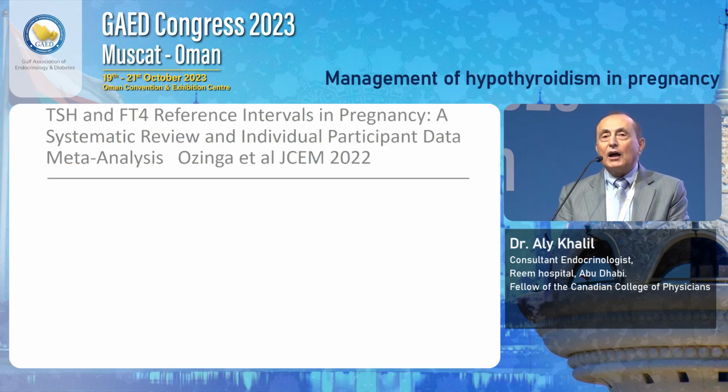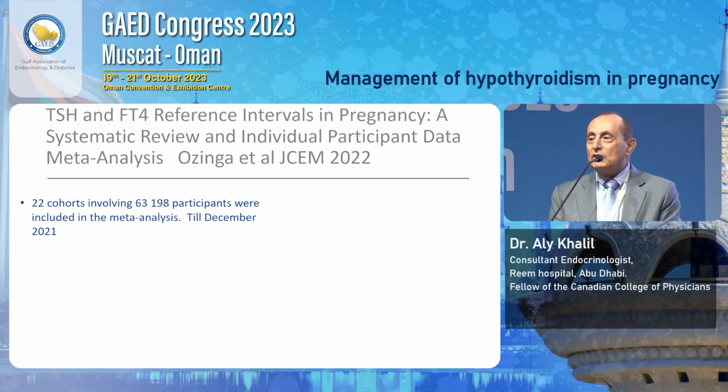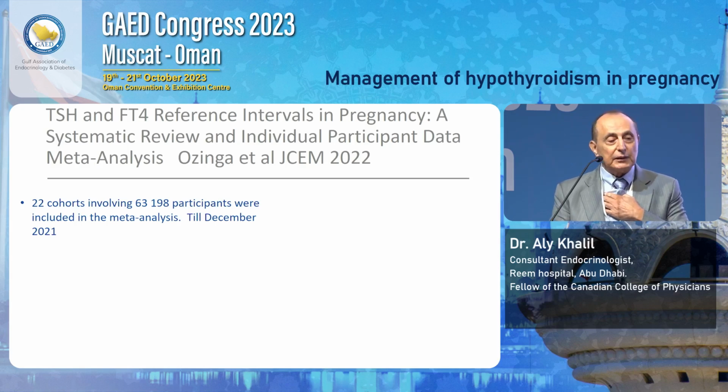Having said this, how many do you think have been using the ATA guidelines? In your mind, 10%, 20%, 30%, any numbers? I'll tell you. This is based on a study that was published recently. They looked at 20 cohorts involving 63,000 participants in this meta-analysis.